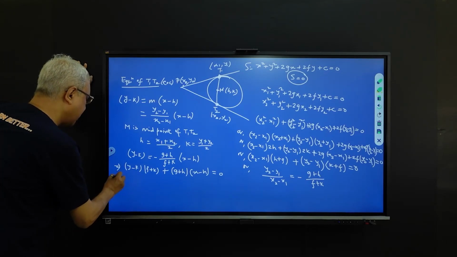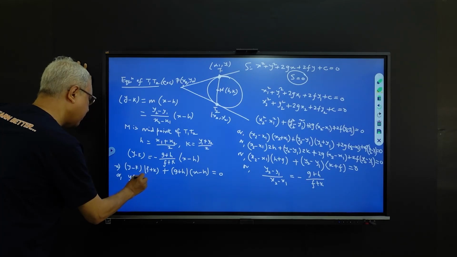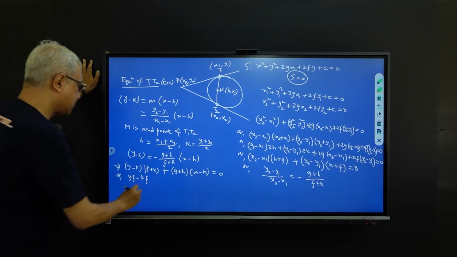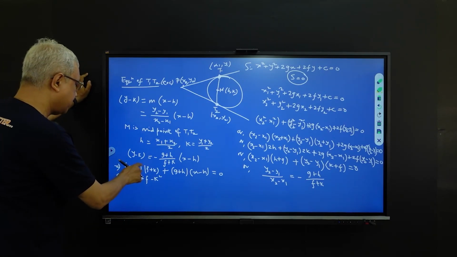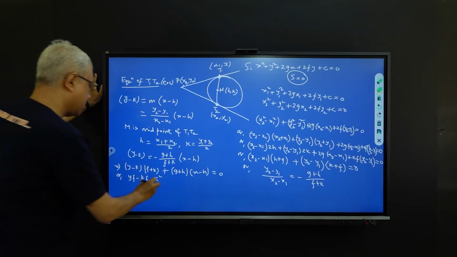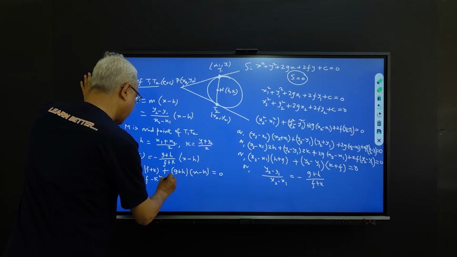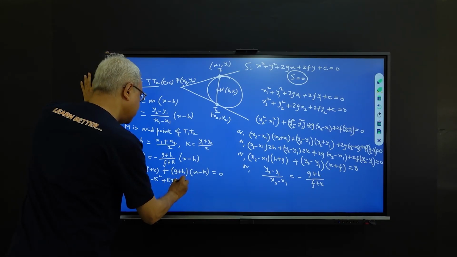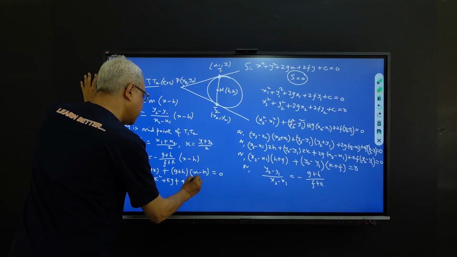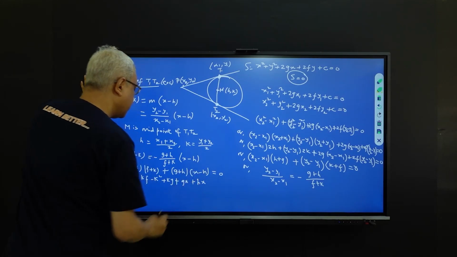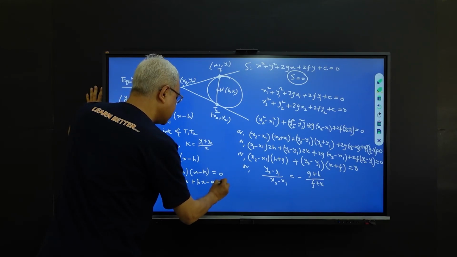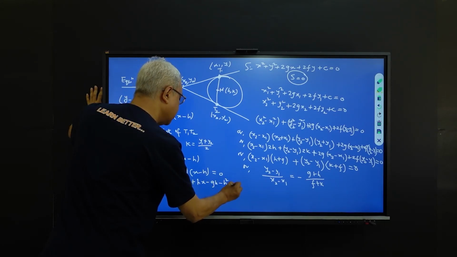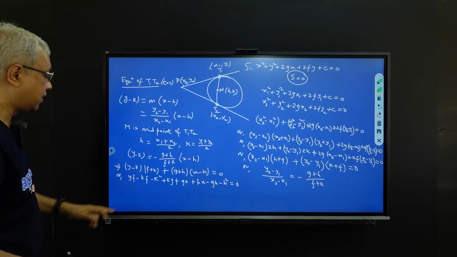So I can write yf minus kf minus k square plus ky plus gx plus hx minus gh minus h square equal to 0. Try to follow the steps.